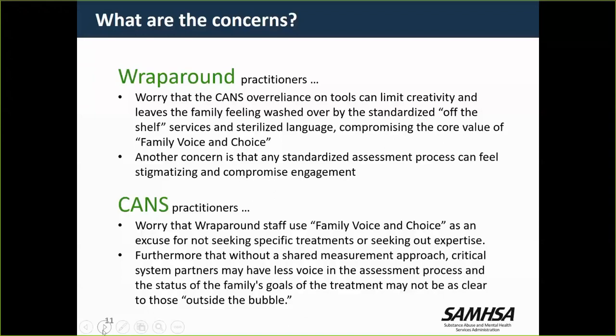And so we're seeing this situation where, as Michelle was describing, in so many different states and systems of care, we have both of these philosophies and models operating simultaneously.